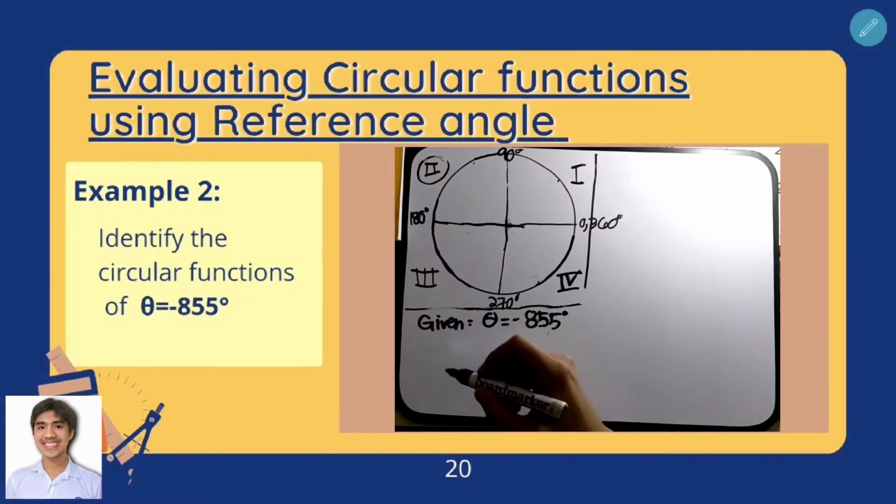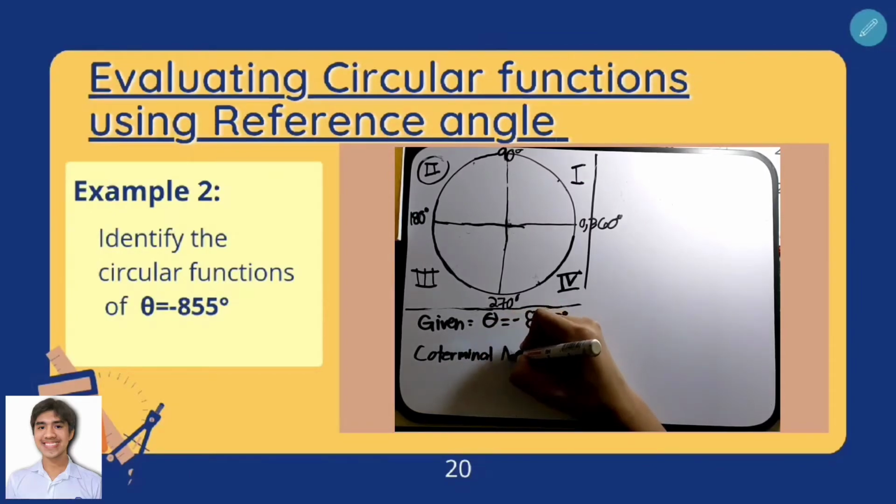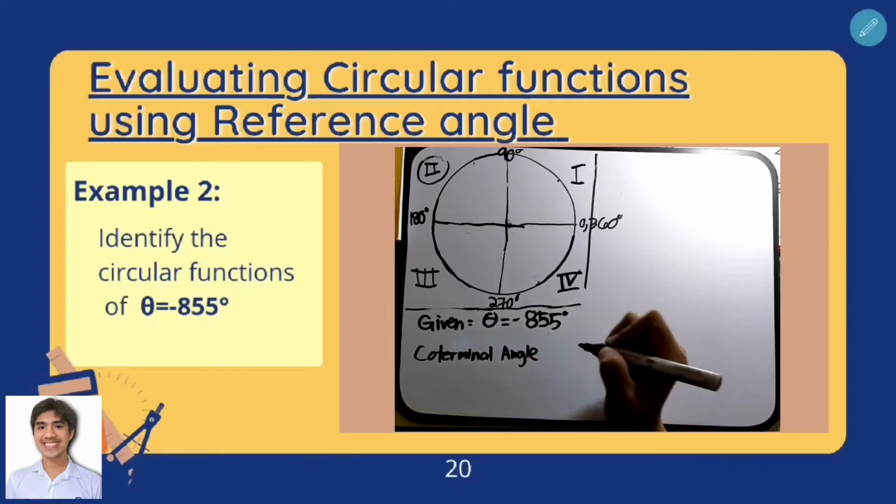Next, identify the circular functions of theta equals negative 855 degrees. Since the given is negative, we need to find the positive coterminal. Let's use the formula theta plus k times 360.